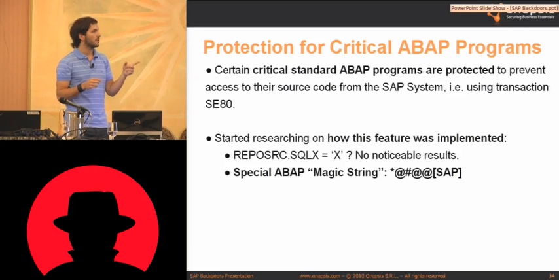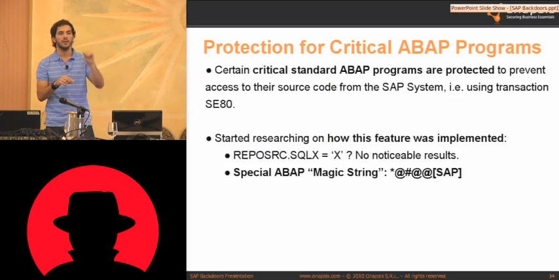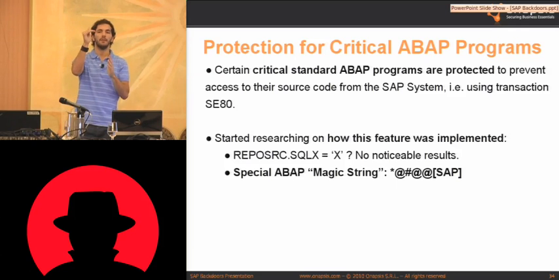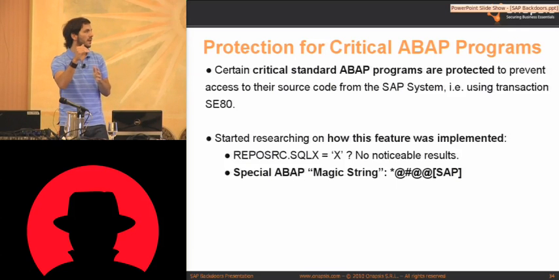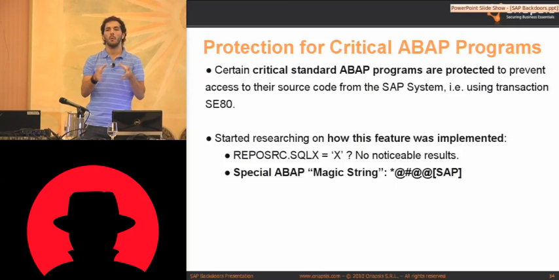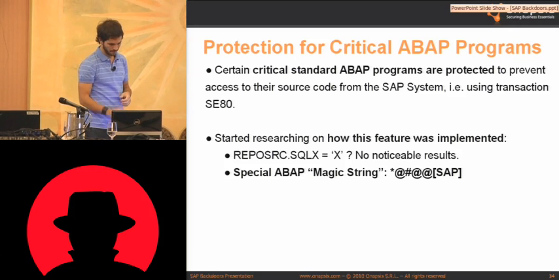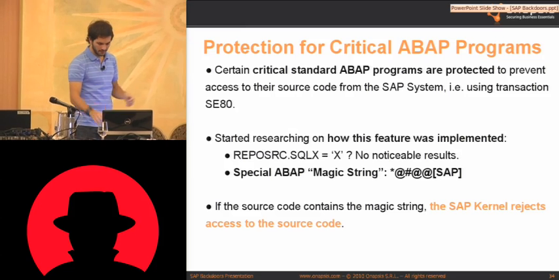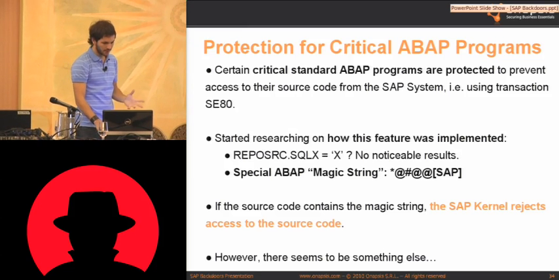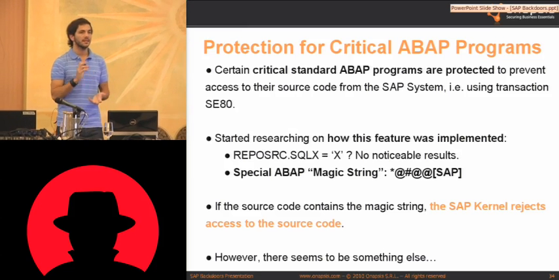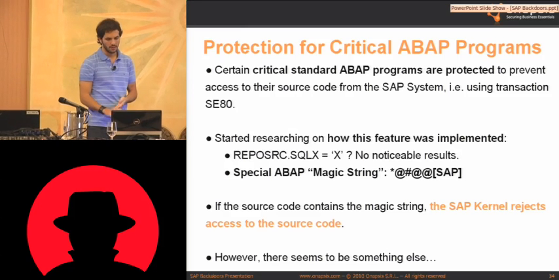That's that one. So if you develop your ABAP program and you include that line at the very first line, you will prevent anyone from looking at that source code. Yeah, this is what I just said. But there seems to be something else going on with critical ABAP program protection.